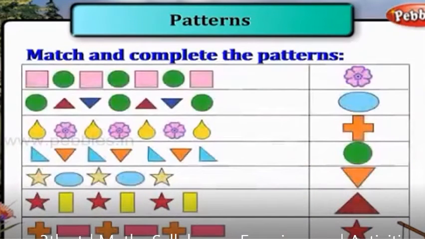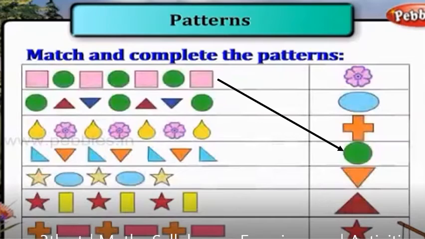Now students, match and complete the patterns. See the first pattern, and you have to match it with the answer. Okay. See, first a rectangle, then green circle, rectangle, circle, rectangle, circle, rectangle, then this green colored circle. See, observe the color also. Okay.